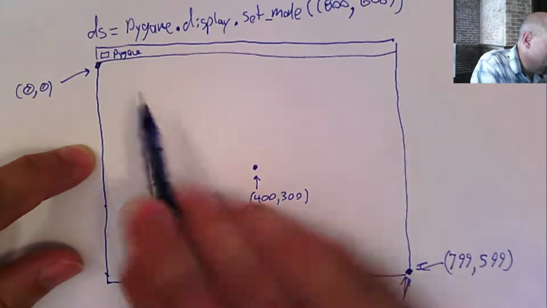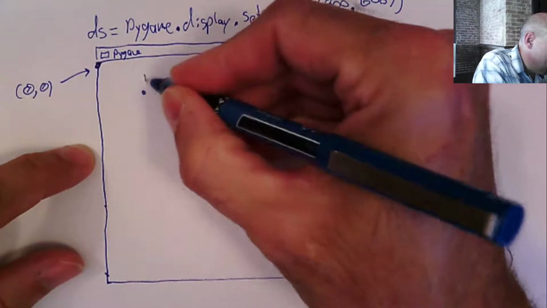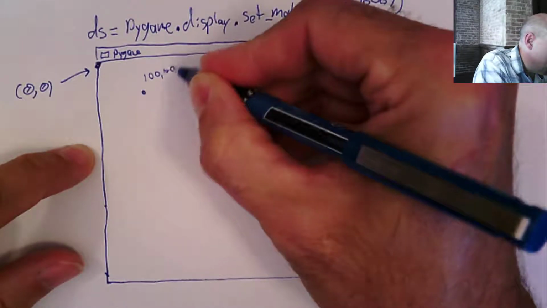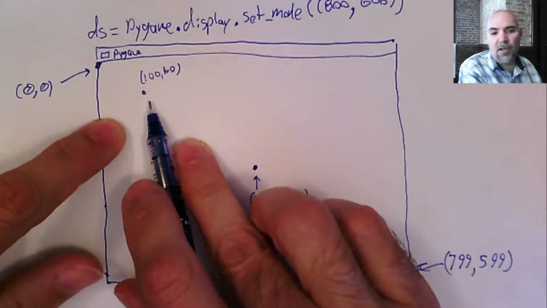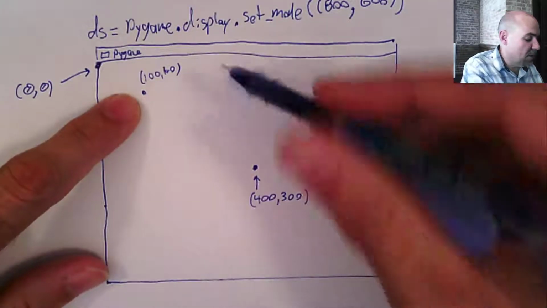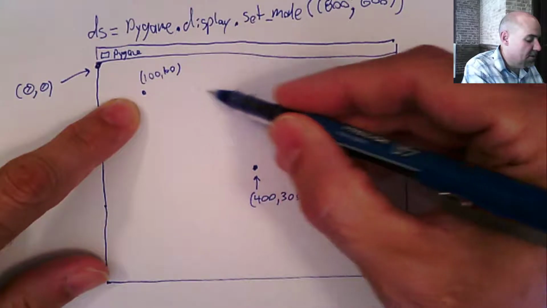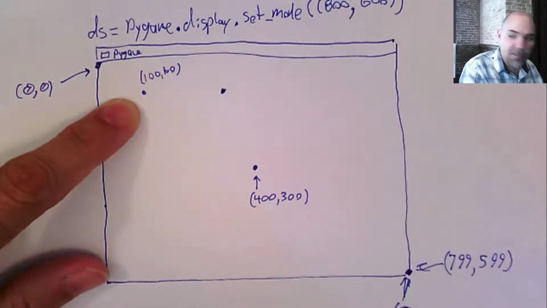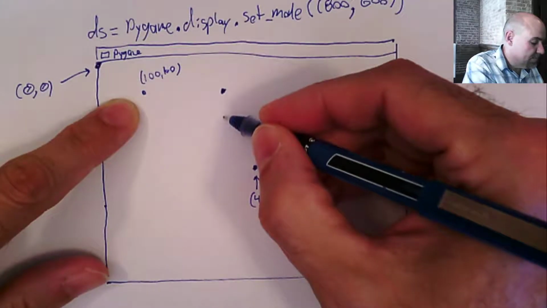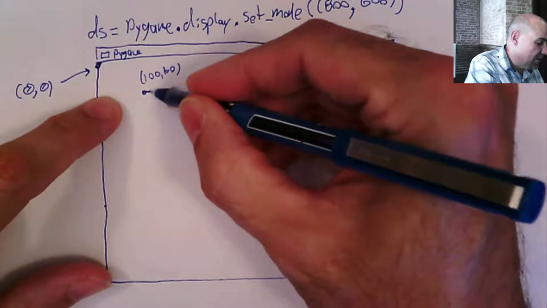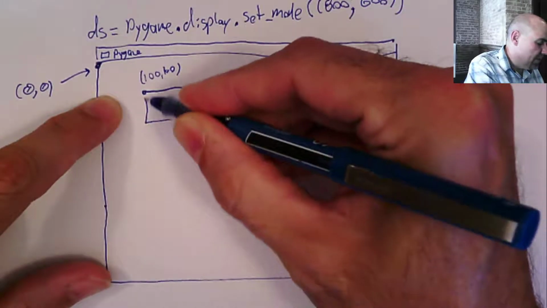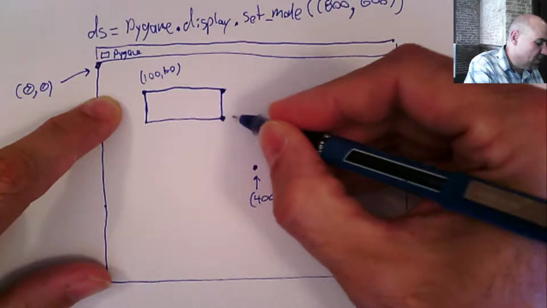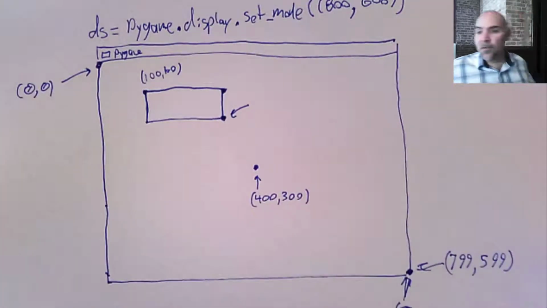So 100, 100 is going to be right there, and I'm going to label it 100, 100. Then we said it was 200 pixels wide, so 100 to 200 to 300. It's going to be right there. And then it's 50 pixels tall. So we're going to get a rectangle that looks like that.